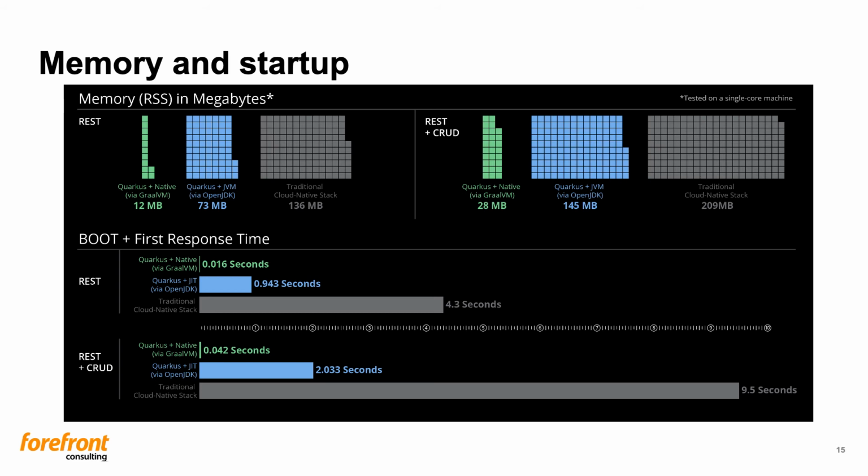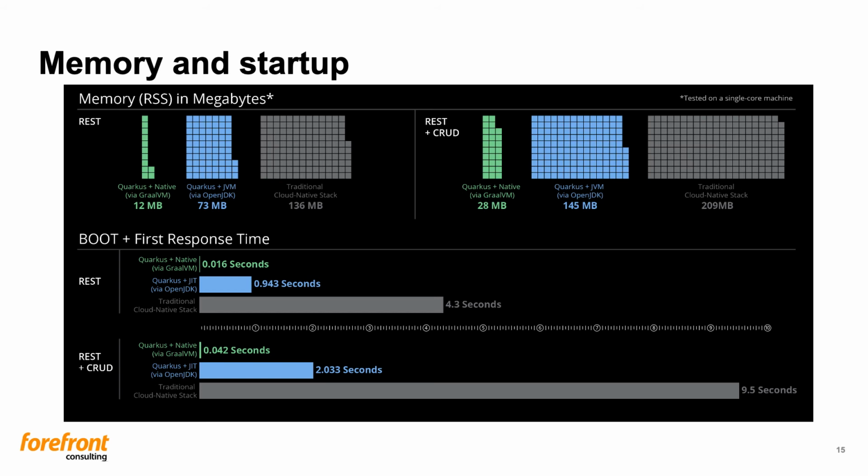And if you instead move to the GraalVM-based ahead-of-time compilation, you're almost at 1/10 of the memory consumption of this traditional cloud native stack. And if you look at an example with REST and CRUD, for example, with persistence, the differences are not as huge, but they are still pretty significant.